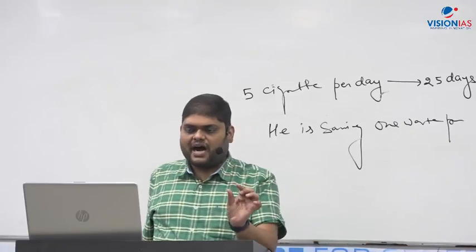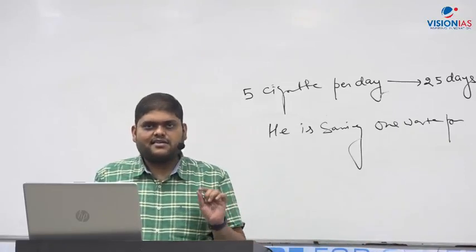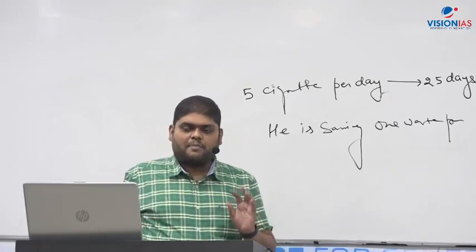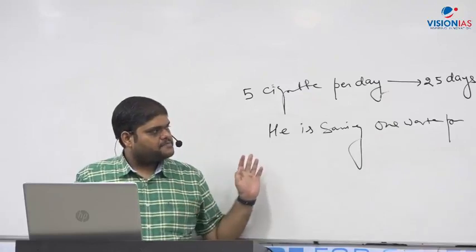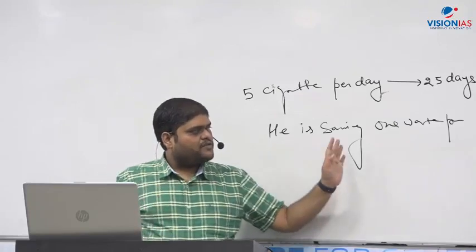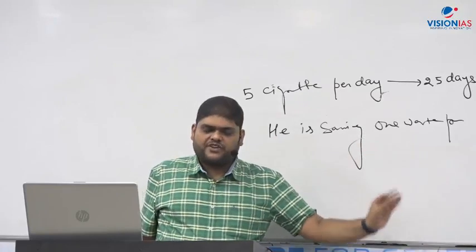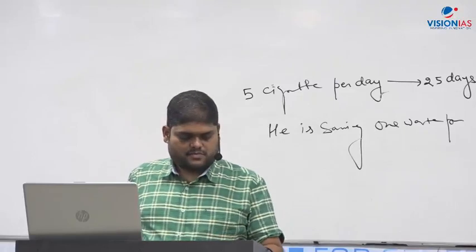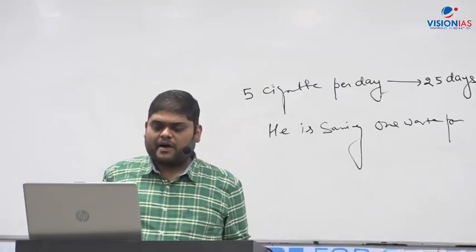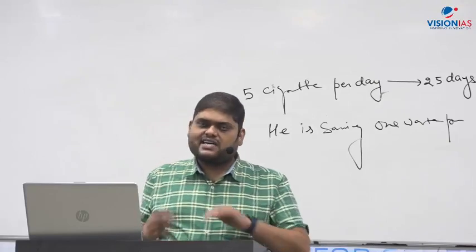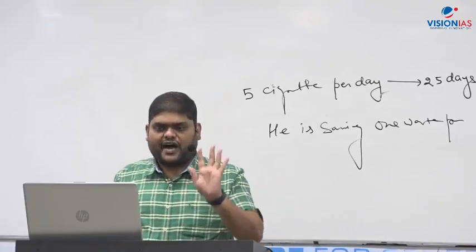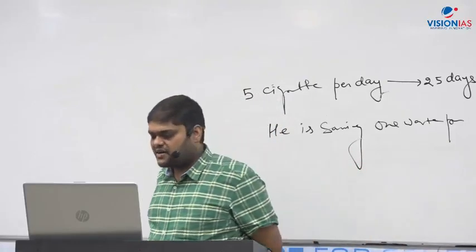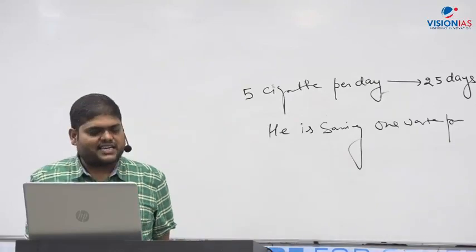So that part which he is leaving, he is collecting, and by taking those 5 parts, another cigarette can be made. That means 5 waste parts are equal to another cigarette.